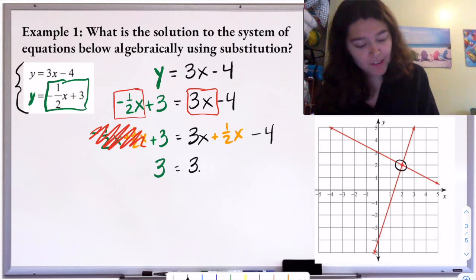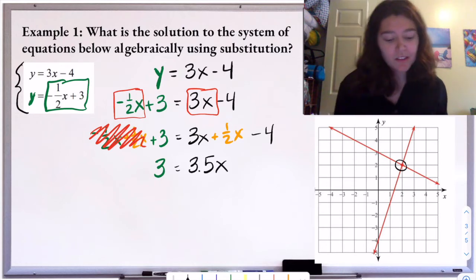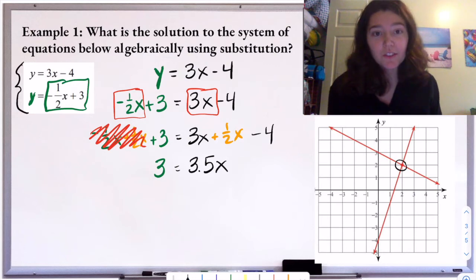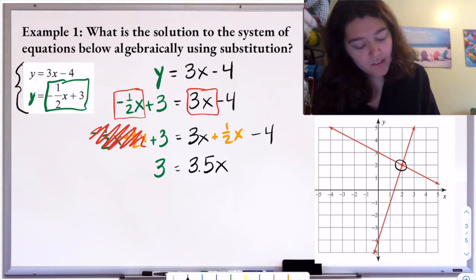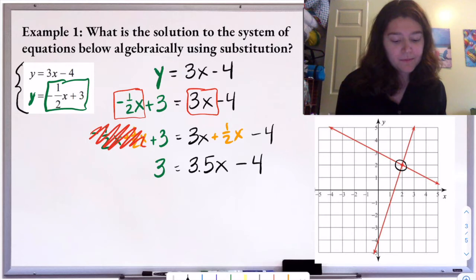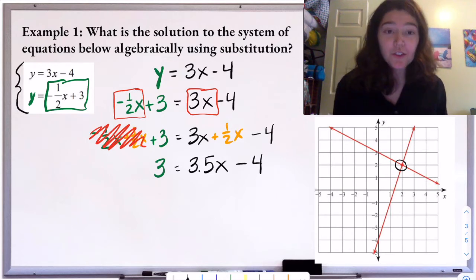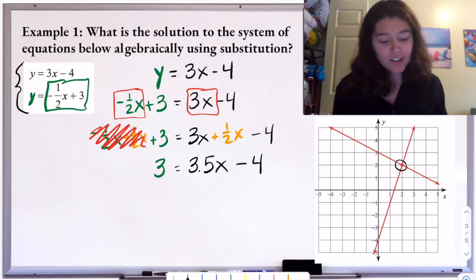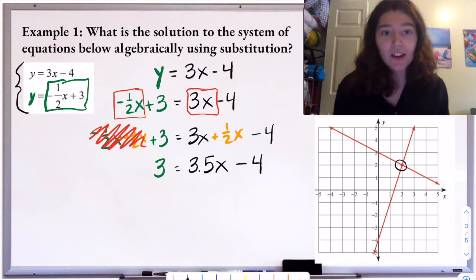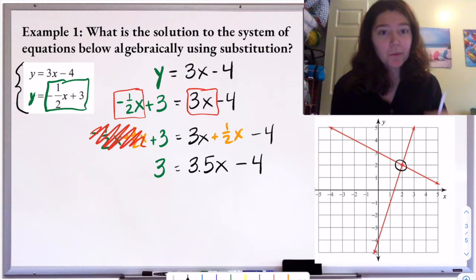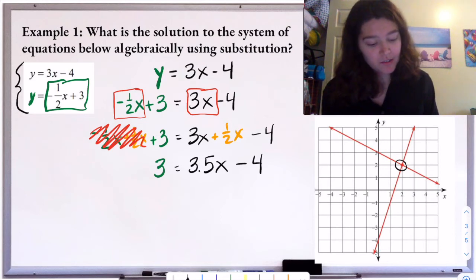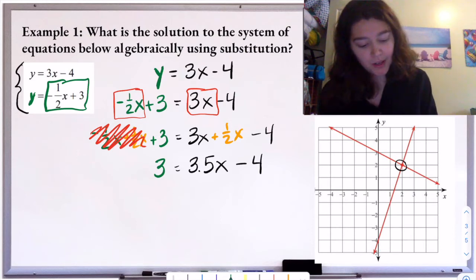I'm just going to make this in decimal form. That'll probably be a little bit easier. 3 plus 1/2 is 3.5x, and then minus 4. At this point, I just have a two-step equation. x is currently being multiplied by 3.5, and then we're subtracting 4. We need to undo those things, working in the reverse order. So first, I'm going to undo that minus 4.